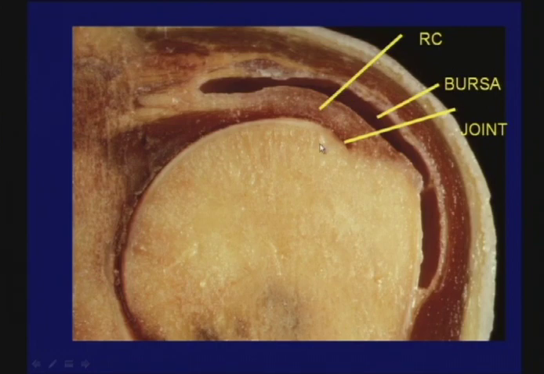A partial thickness, articular-sided tear of the supraspinatus tendon is visible when you do arthrography because contrast material passes within it.